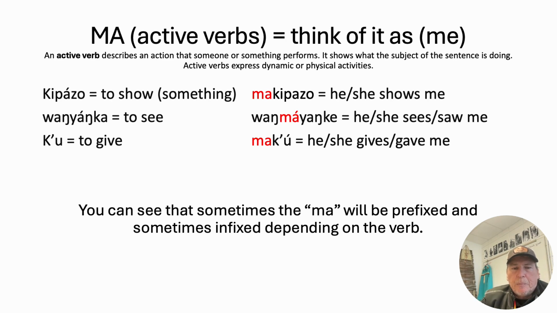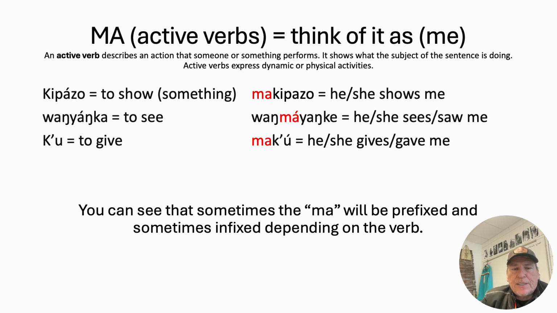So we went from ma in stative verbs meaning I, and now we're going to go on to ma in active verbs. So think of it as me. Ma changed from I, and now we're thinking of it as me with the verb. So let's look at some examples. Kipazo, to show something, we prefix ma: makipazo, he or she showed me.